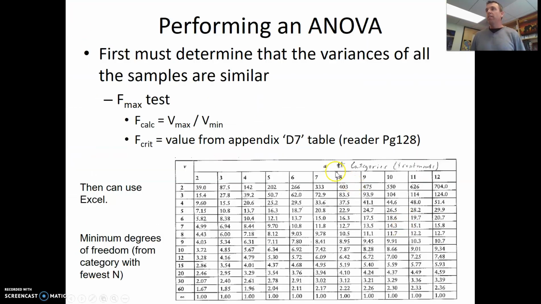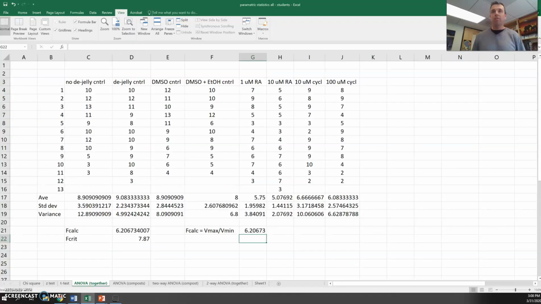So we know we have 8 categories. Our degrees of freedom is 10. And so that right there gives us an F critical of 7.87. So we get the F critical from the table. All right.